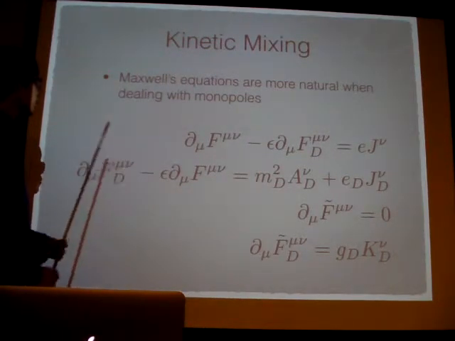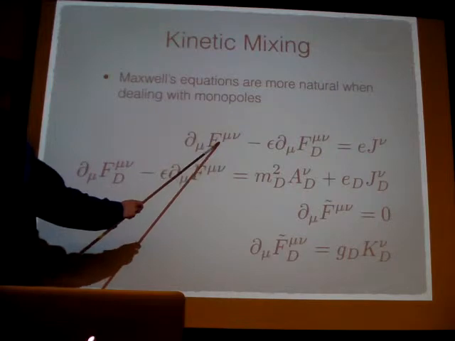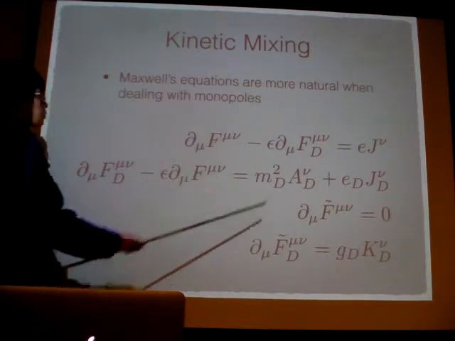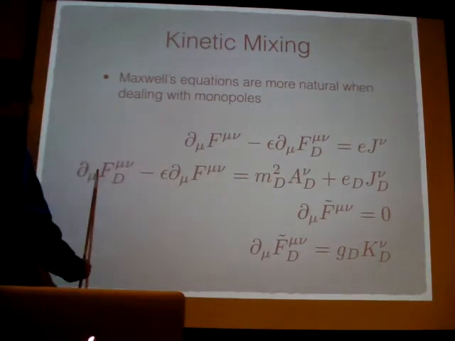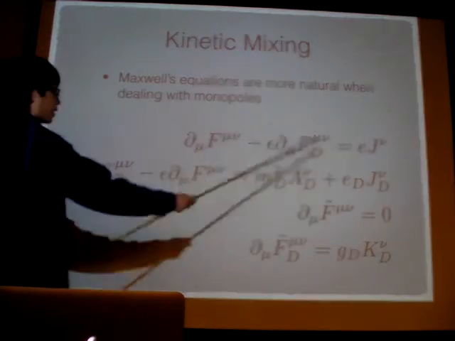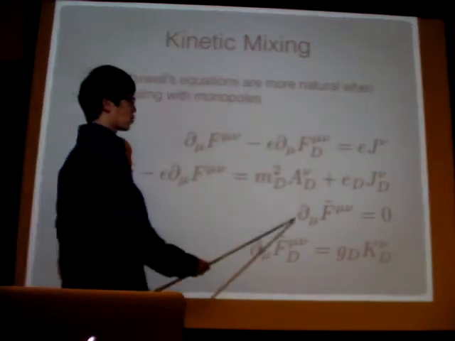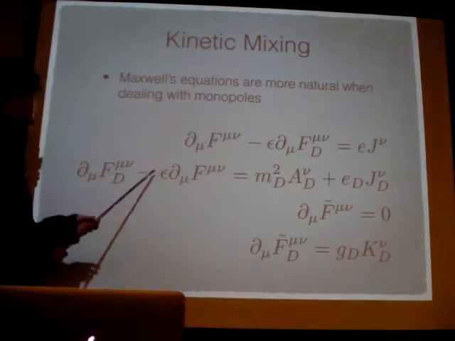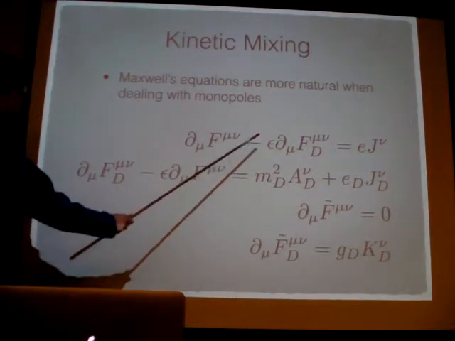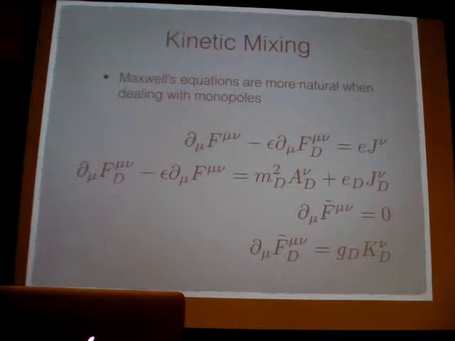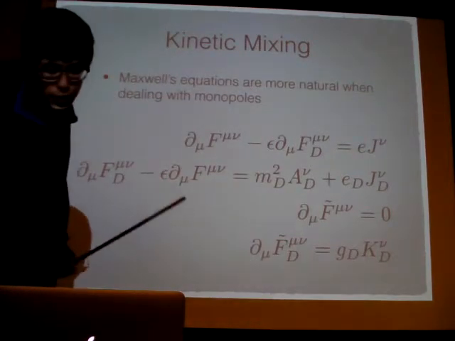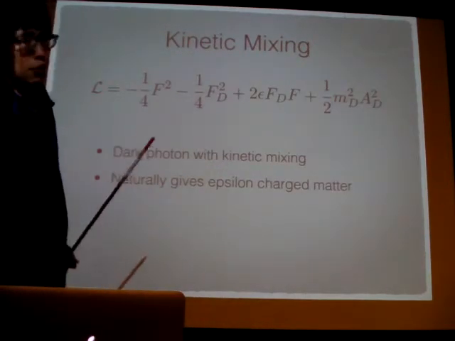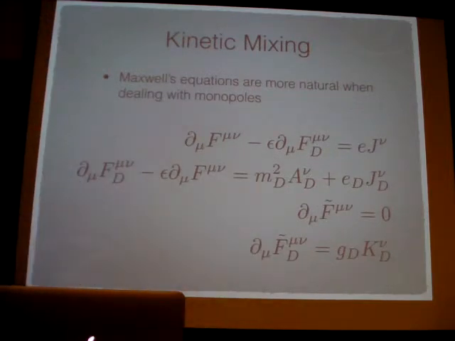Normally, you have just the divergence of the E field being some current. So that's this guy. It's true for us. It's true for them. And then we have no monopoles. They have a monopole. And then kinetic mixing is just the addition of this epsilon part in the kinetic term. So if you take this Lagrangian and write down Maxwell's equations, you get this guy here.